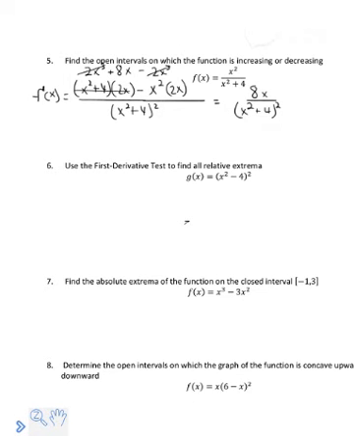Now to find out, since it's a rational function, where it's equal to 0, you set the numerator equal to 0. So if you solve 8x equals 0, the critical value is x equals 0. So placing that on a number line, and then choosing some test points.